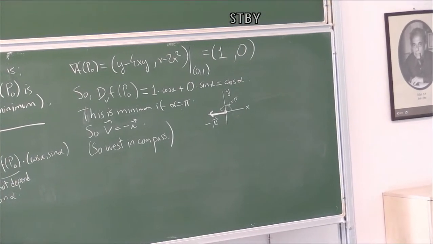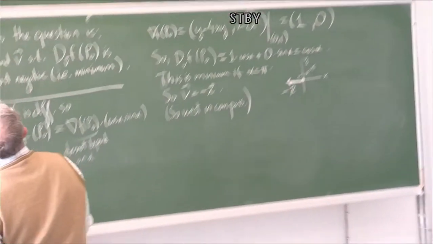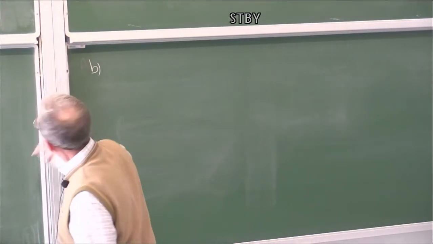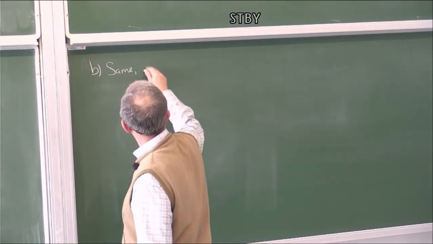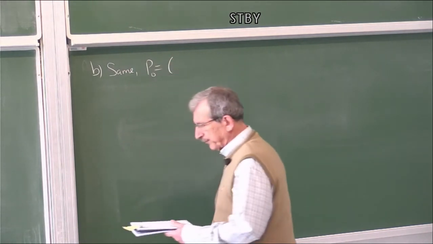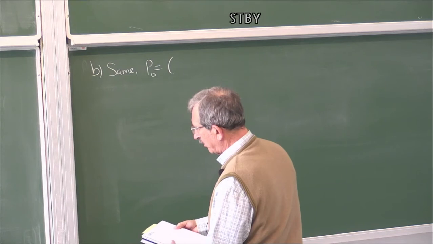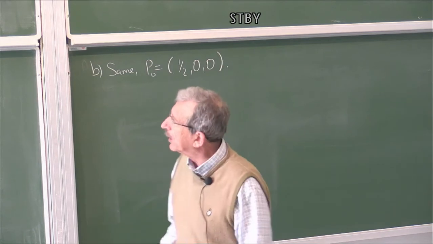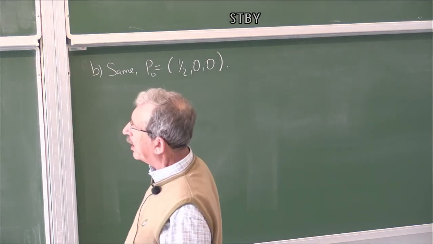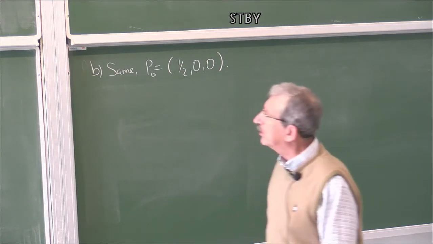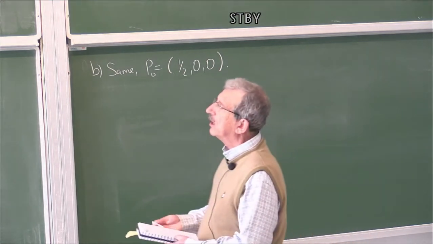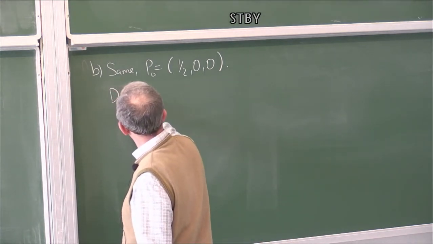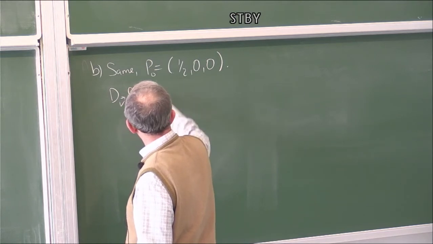Now, secondly, the same question with a different P0. It is now (1/2, 0, 0). Now, y is 0, so z is 0, x is 1/2. It's a point on the surface. So we look at d_V f at P0.